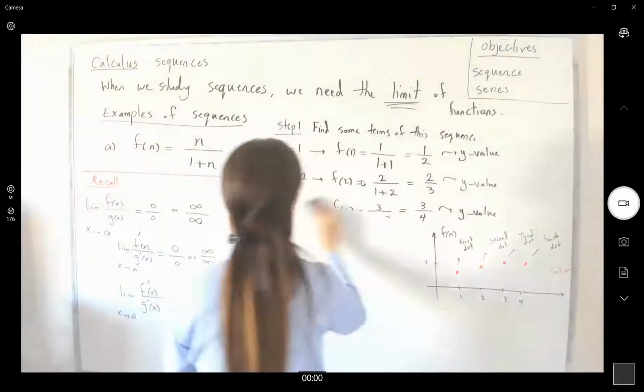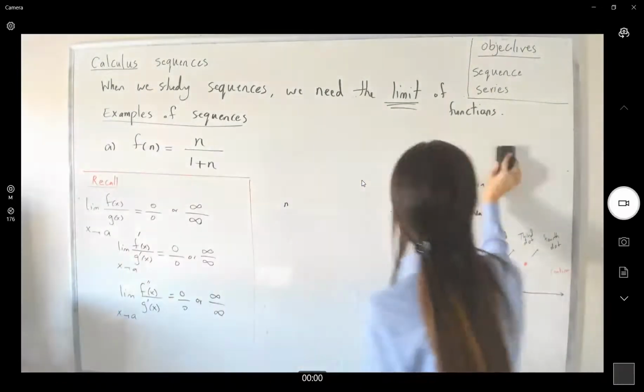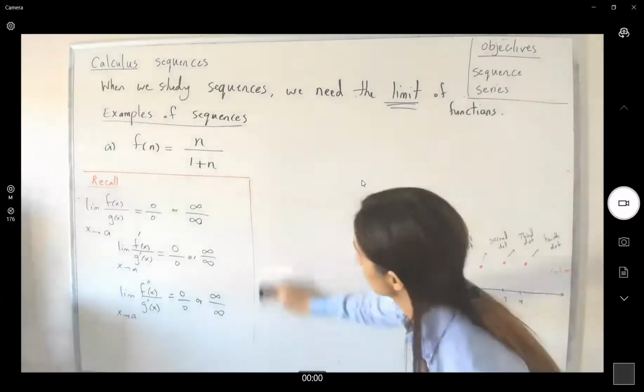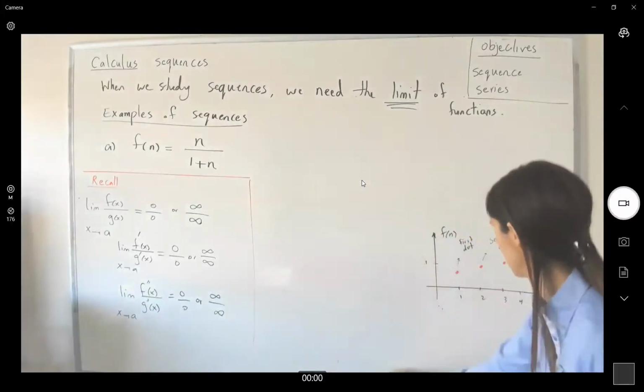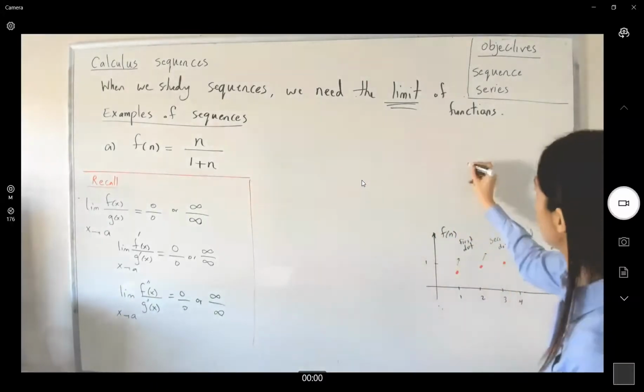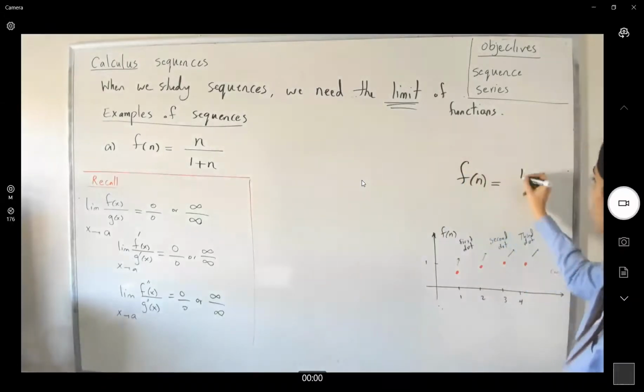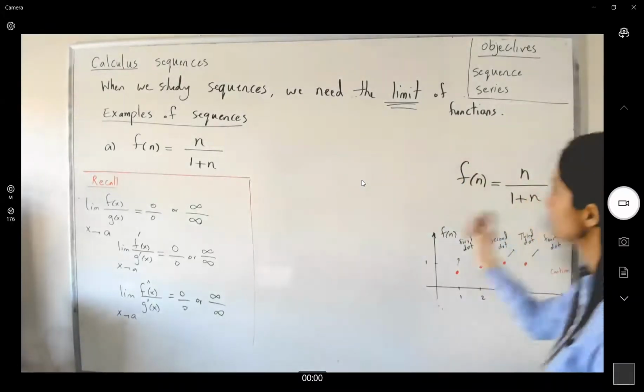So this is the graph of our sequence. This is the graph of f of n equals n over 1 plus n.